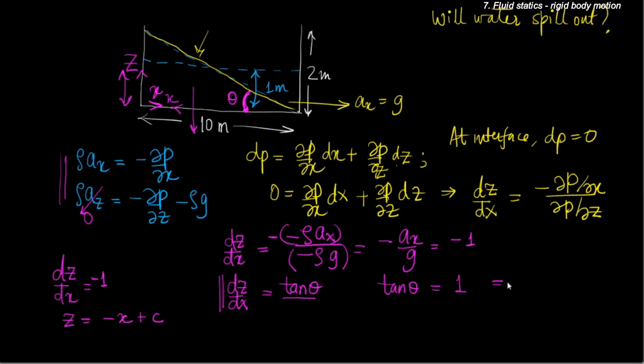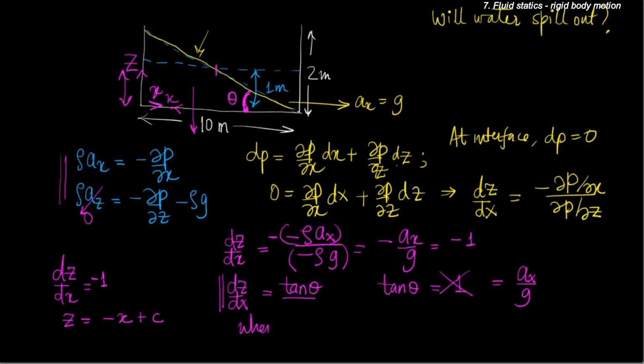But if we keep the general acceleration term, this will be equal to ax upon g. So it will not be equal to 1, but it will be equal to ax upon g. Now, in case there is spillage, what will be the angle that the interface makes?